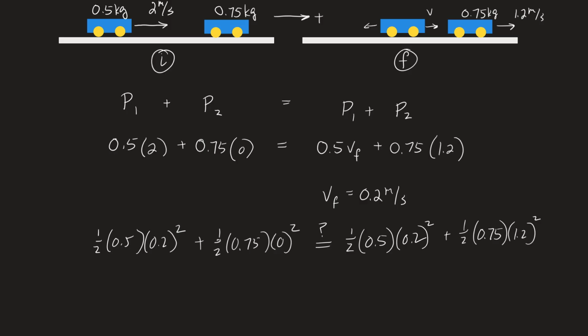Right? If they're equal, then you have an elastic collision. If the left side is greater than the right side, you have an inelastic collision. If the right side is greater than the left side, something added energy to the system. It must have been something that had energy in there.